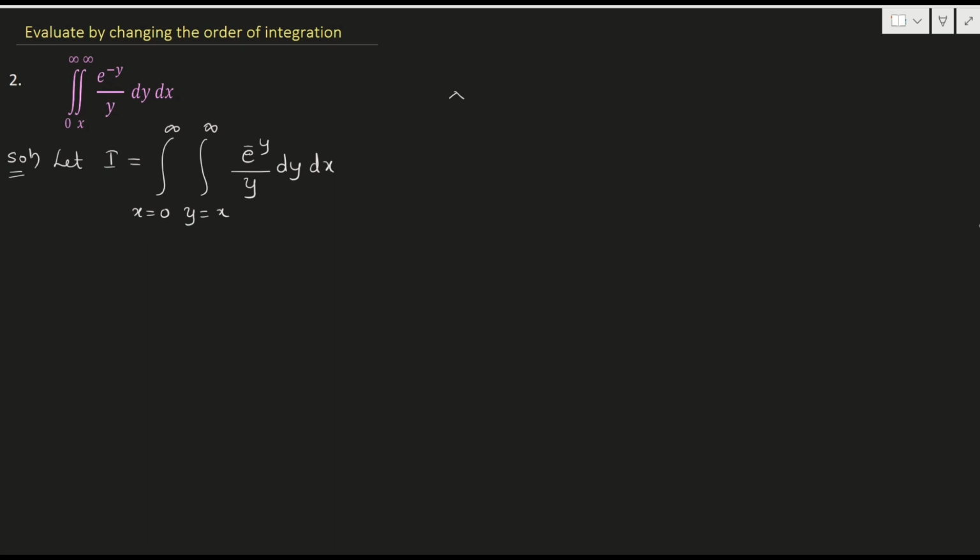x varies from 0 to x means this point is 0, 0, 0 to infinity.